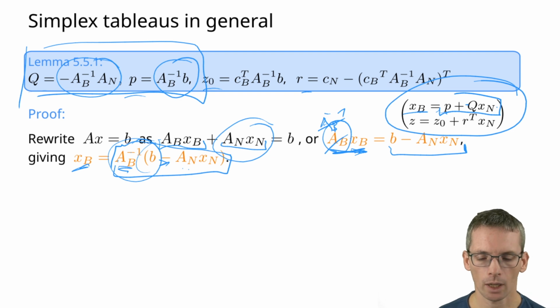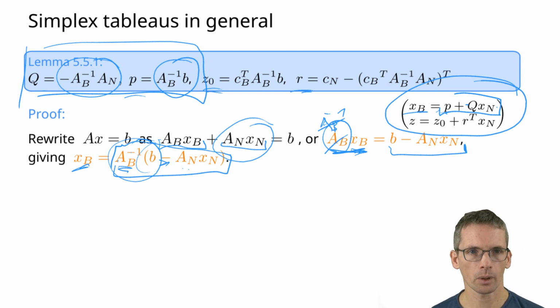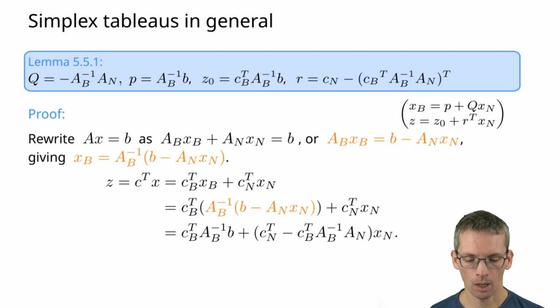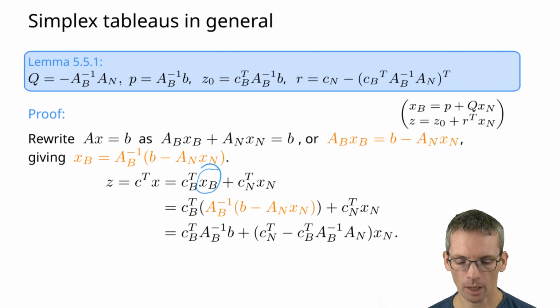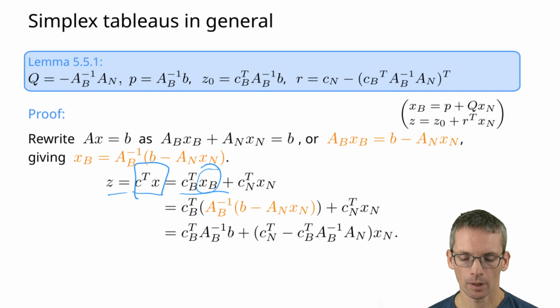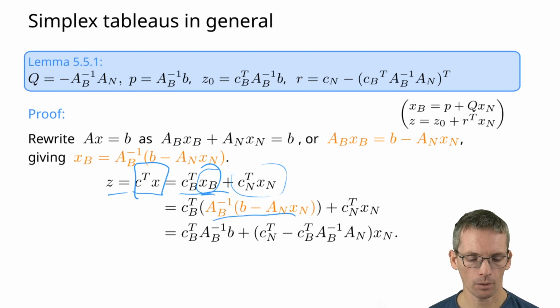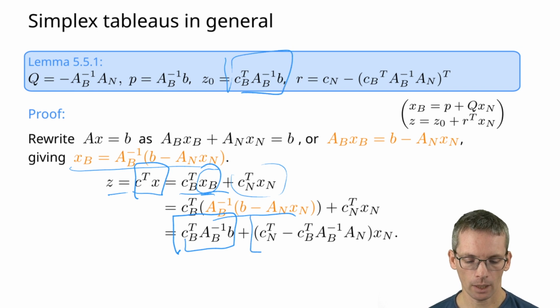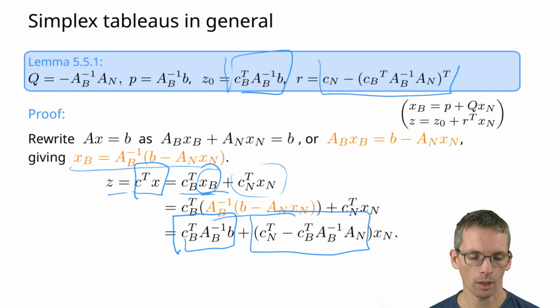We now just need to check that z0 and r are also what you would expect, and for that we can simply plug in the xb as we calculated it already. So z, we can write that is c transpose x. We can write it as the part with b xb and the part with xn, and plugging in xb as above, and rewriting this, we get exactly this expression for z0 and this expression for r.